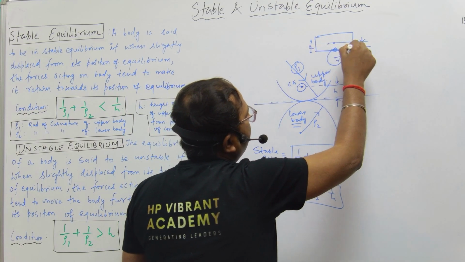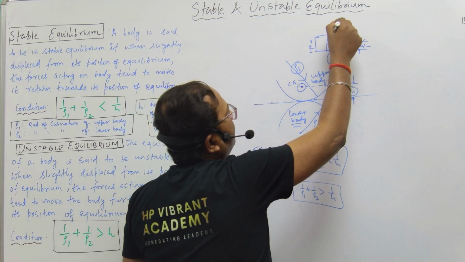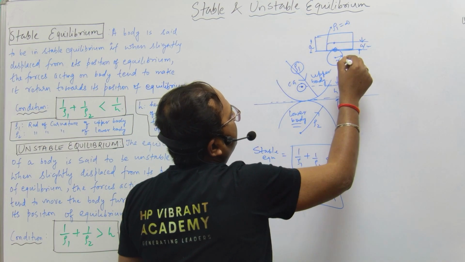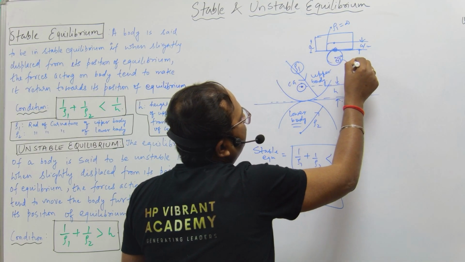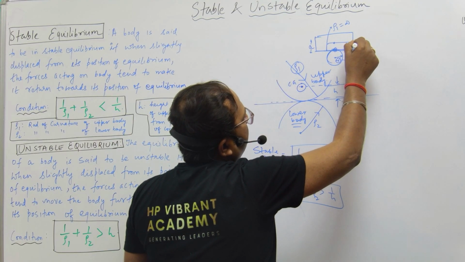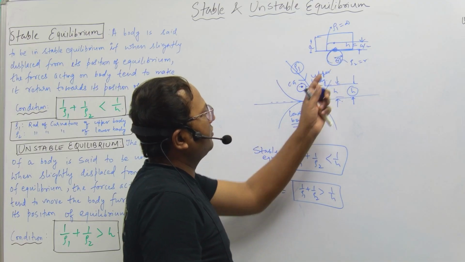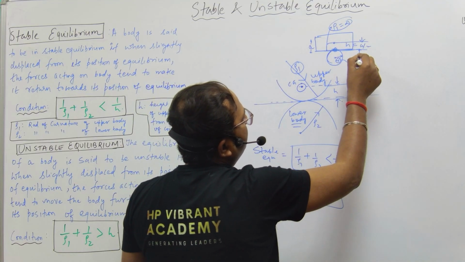The upper body is a plane surface, so its radius of curvature will be infinity. So rho 1 is equal to infinity, and the lower body is of radius r, so rho 2 is equal to r, and h is the height of the center of gravity from the point of contact.